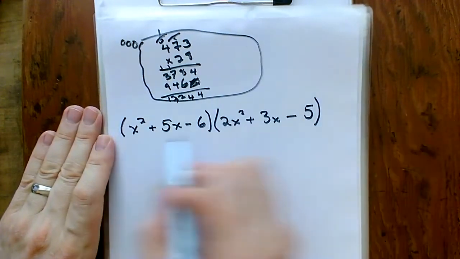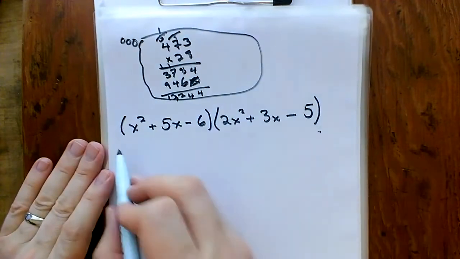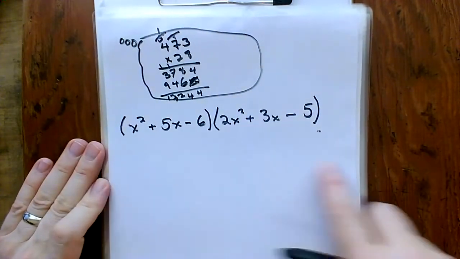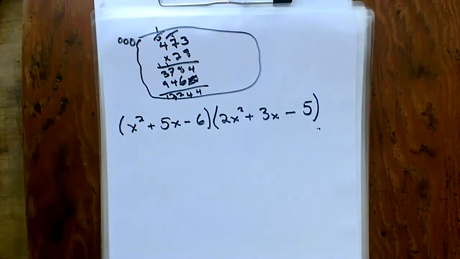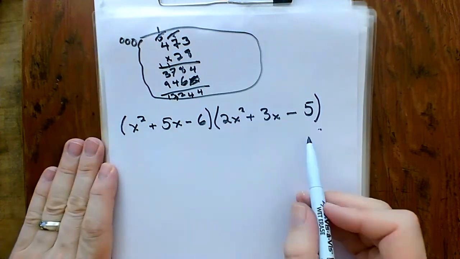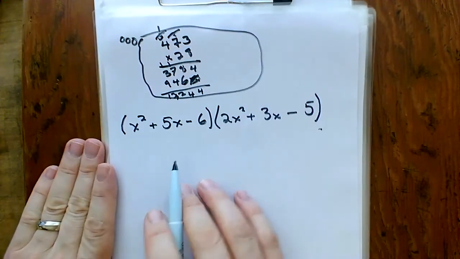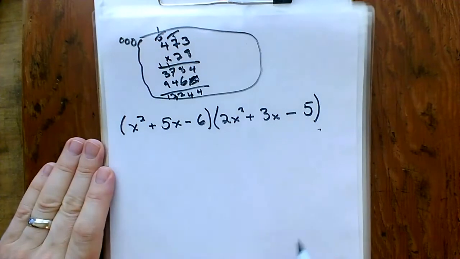If I've got something like this, I will end up with 9 different terms when I've fully done everything. So here's what we're going to do. We're going to break this out. I'm still going to multiply everything, but how I organize it is going to be just a little bit different, and I'll show you how.